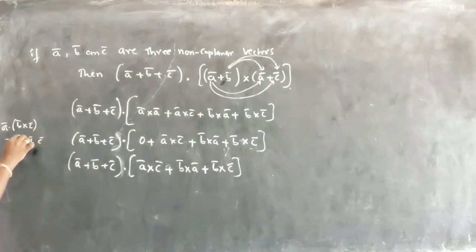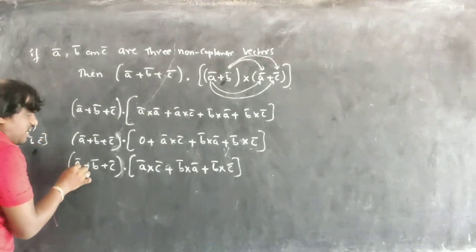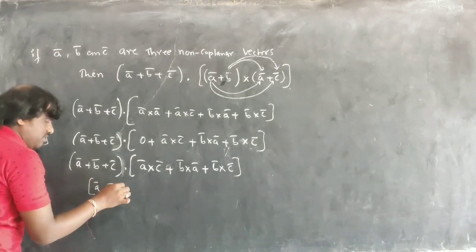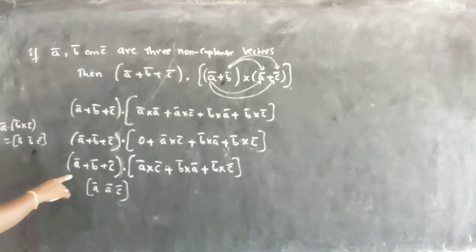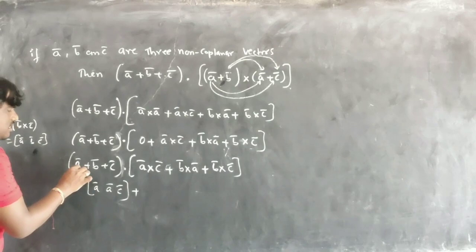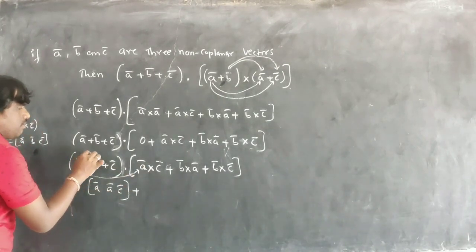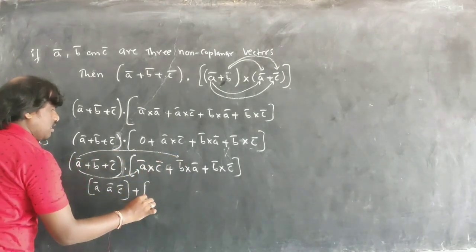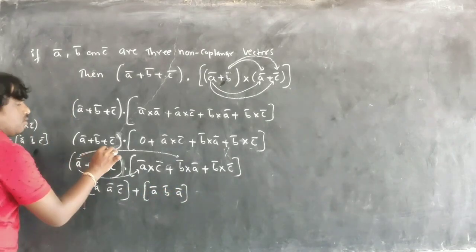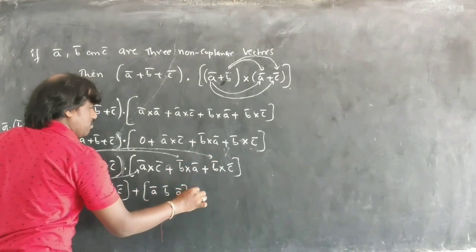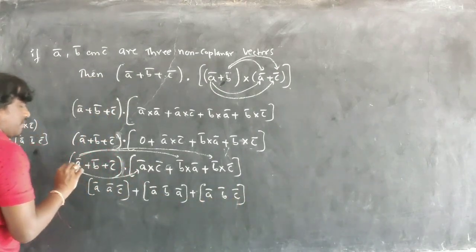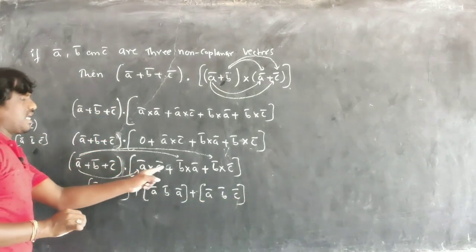So A with this gives box AAC as the first term, plus box ABA, and then the last one A, B, C, because these three are separate. Hope you understand, with A I did the box.